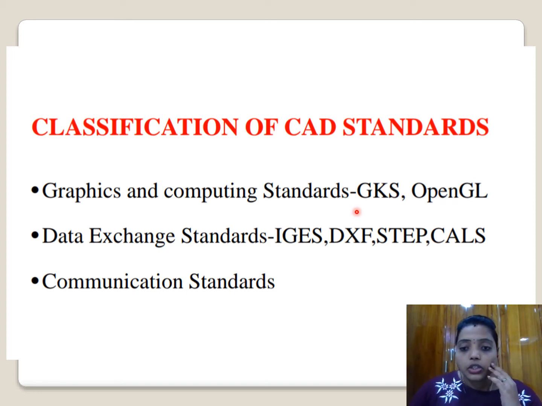What are those softwares? GKS and OpenGL. Now let us see which software is suitable for which standard. For graphics and computing standard, we are using GKS and OpenGL. Afterwards, these abbreviations I will explain in the next slide.